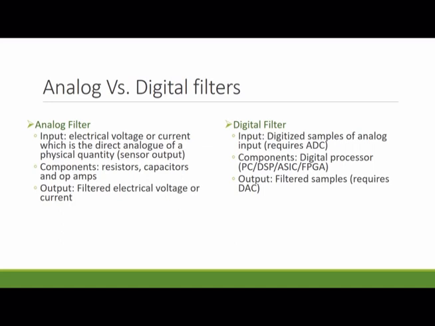Instead, we are first digitizing it, and thereafter passing it to the digital filter block. In terms of components, it can either be a digital signal processor or purely a software program. And the output is in the form of filtered samples, and when it is required to be presented in the form of analog filtered output, we pass it through the digital to analog converter.